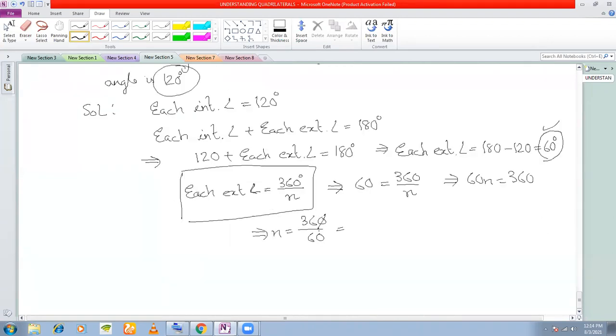Let me finish this. How many sides does the polygon have? n is equal to 6. So the regular polygon has 6 sides. And what is it called? Hexagon. The regular polygon is a hexagon. Clear with this?